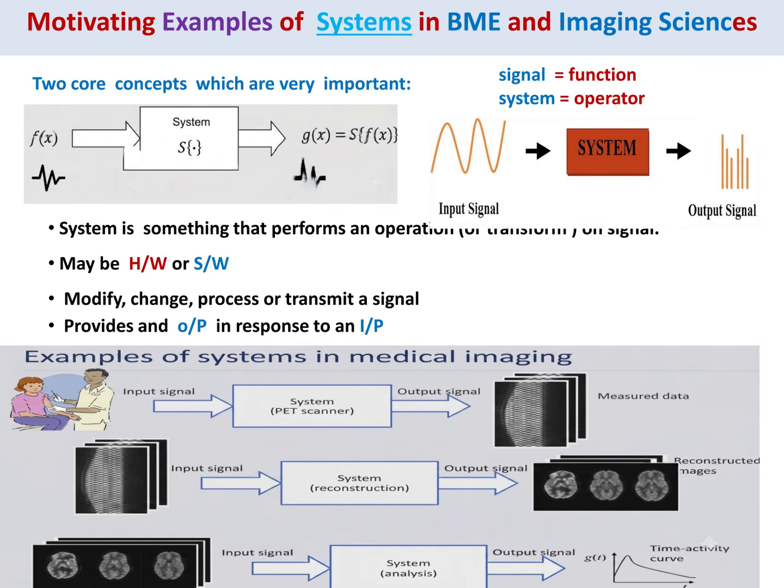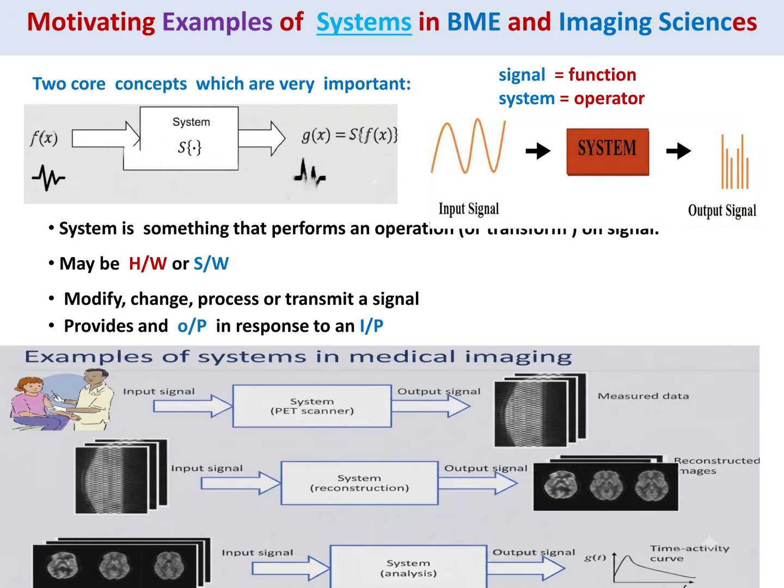This slide introduces the concept of a system. A system performs an operation or transformation on an input signal and produces an output signal. It may be implemented using hardware or software. In the first figure, the input f(x) is applied to the system S, producing the output g(x) equal to S[f(x)].